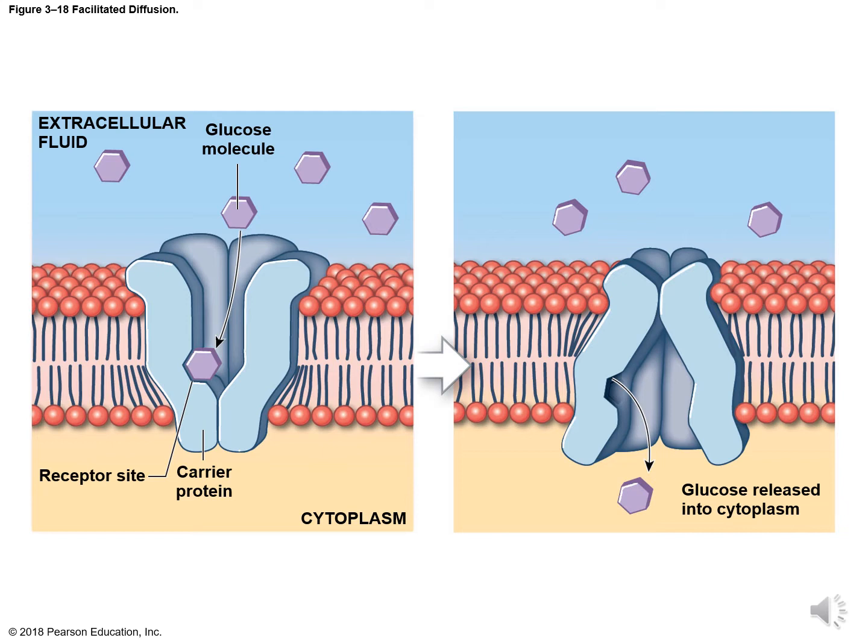The first one we're going to talk about is facilitated diffusion. This is a passive process. It's diffusion, which means it's going to move molecules from a high to low concentration. However, it is facilitated because if you didn't have this carrier protein, those molecules couldn't get across the membrane. So we aren't going to be able to do anything different than moving it from high to low.